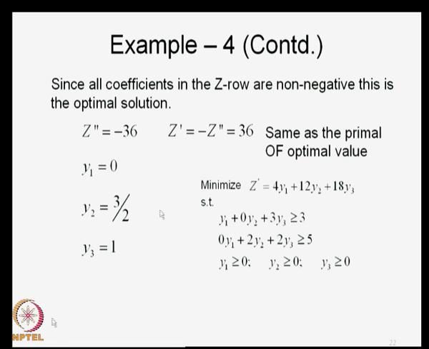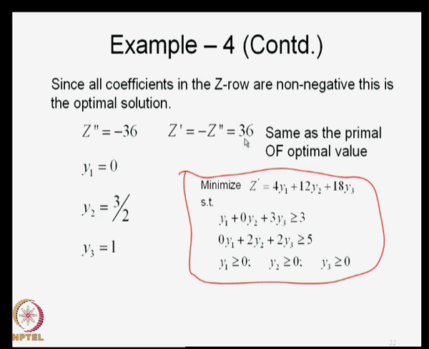This was your original problem. So, you have solved this problem, and therefore, the z dash value that you get is plus 36.